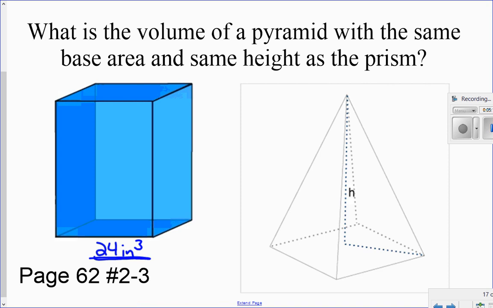So if I'm trying to use that to figure out the one that's smaller, I'm going to go from the larger to the smaller. I'm going to divide that volume by 3 because the larger one is 3 times bigger than the smaller. So when I divide 24 by 3, that gives me 8. And we're talking about volume here. So 8 inches cubed would be the volume for the pyramid.